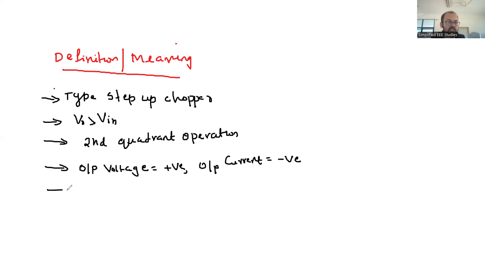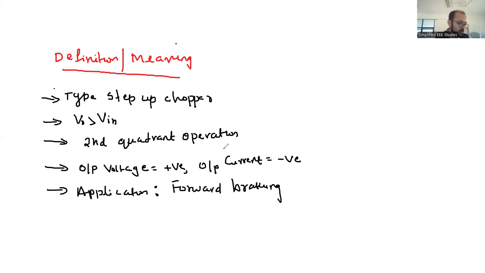What is a major application? It is mainly used for forward braking application, especially for electric vehicles, which operate in the forward braking mode. Hope it is clear.